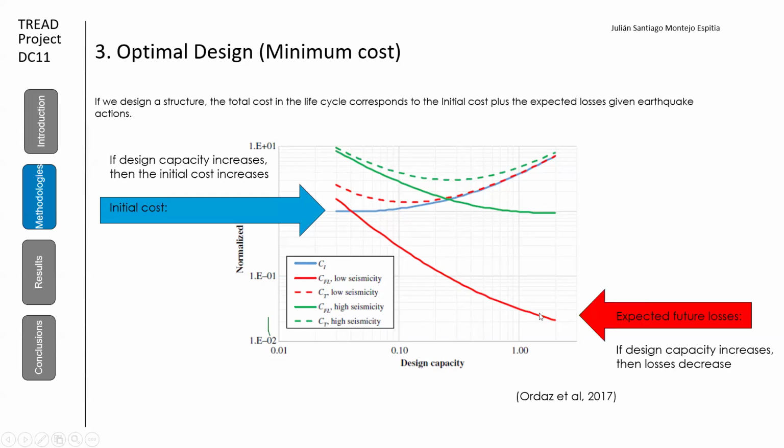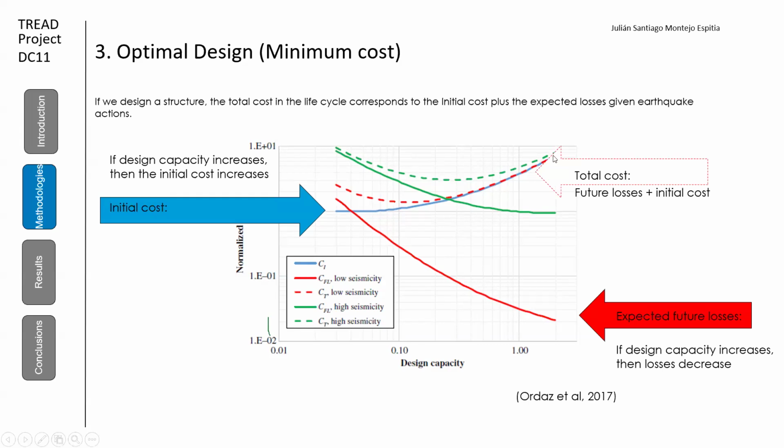If we see the continuous line, it is the expected future losses given earthquakes of the building. So for instance, if we increase the design capacity of the building, we can expect our future losses to decrease, right? It is a more expensive building, the design capacity is higher, so we expect the future losses by earthquake will decrease.